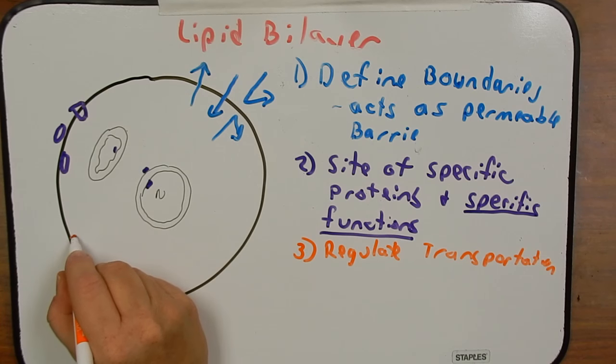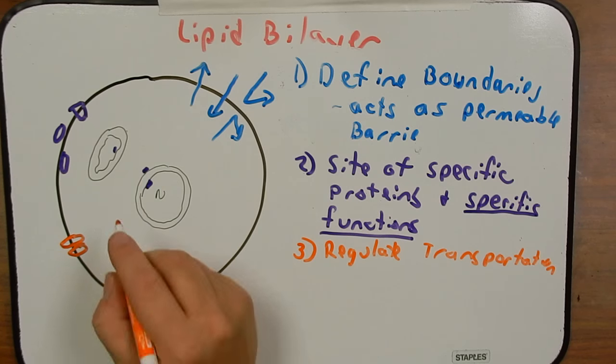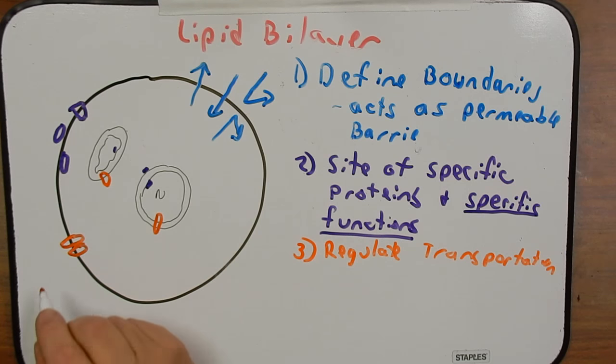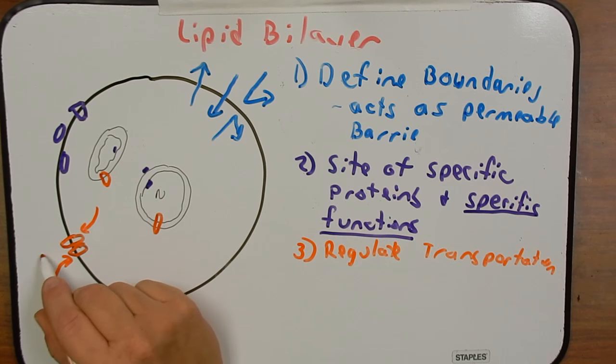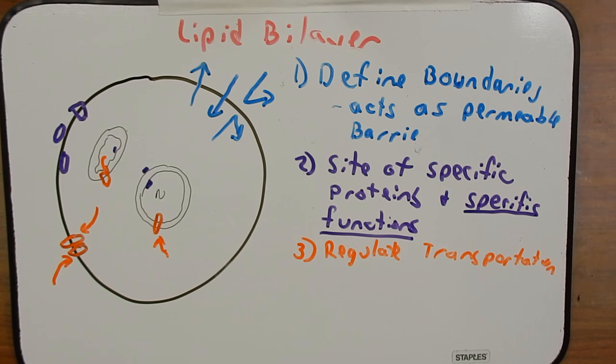There are specific proteins on the membrane that are unique to specific organelles that allow the transport of molecules from the outside of the cell to the inside, or from the inside out of the cell, or into specific organelles, maybe out of specific organelles. The properties of membranes sometimes allow transportation, as we mentioned up here, it being a semi-permeable barrier. It can allow movement without the use of a protein as well, for some solutes.